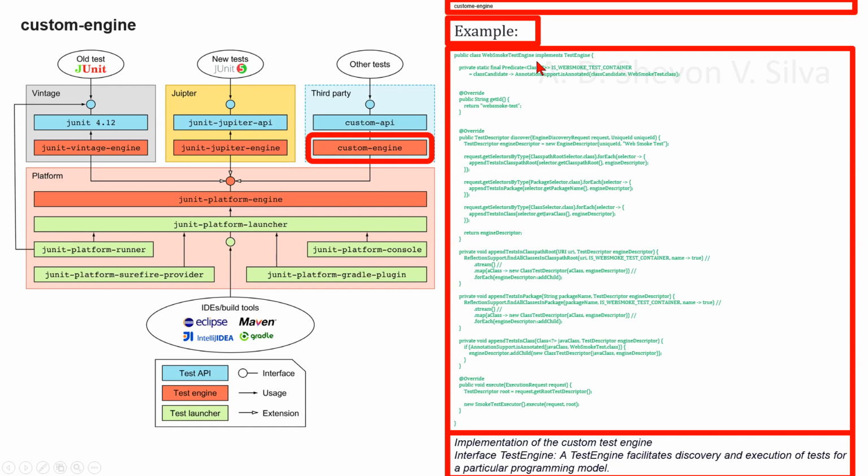JUnit's own Jupiter test engine is itself an extension of this base class. By using this support, advanced features such as parallel execution can be readily reused by custom engines. However, for the sake of simplicity and clarity, the WebSmoke test engine will not use this base class. It will implement the required interfaces directly.